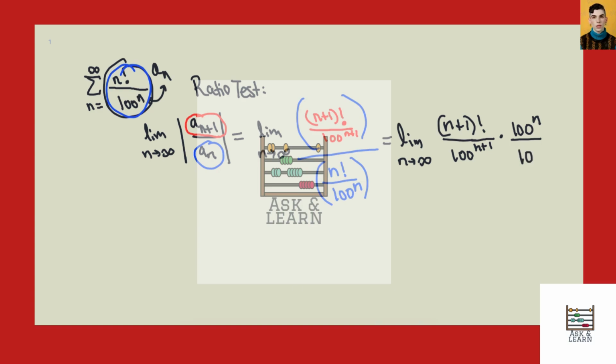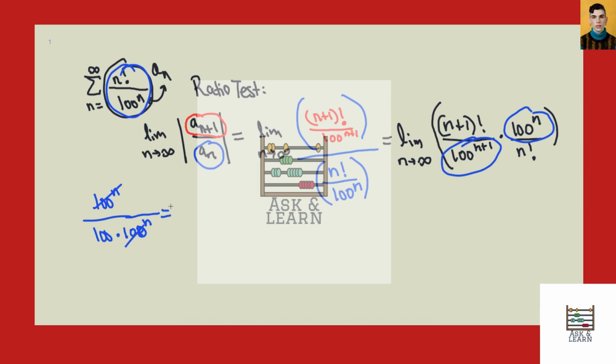So now, to make this easier, if you look at the 100 terms here, the corresponding terms, we can write that as 100 to the n. And then the denominator, we can write that as 100 times 100 to the n. And we could cancel those off. That'll give you just a 1 over 100.